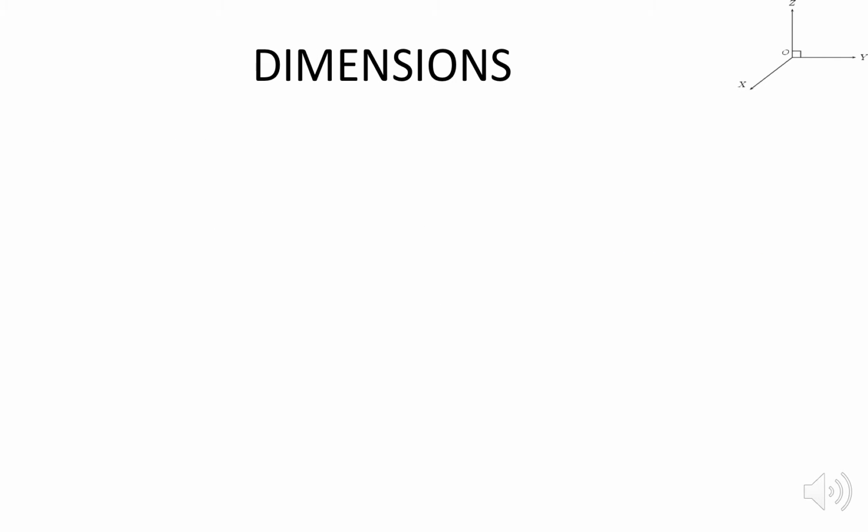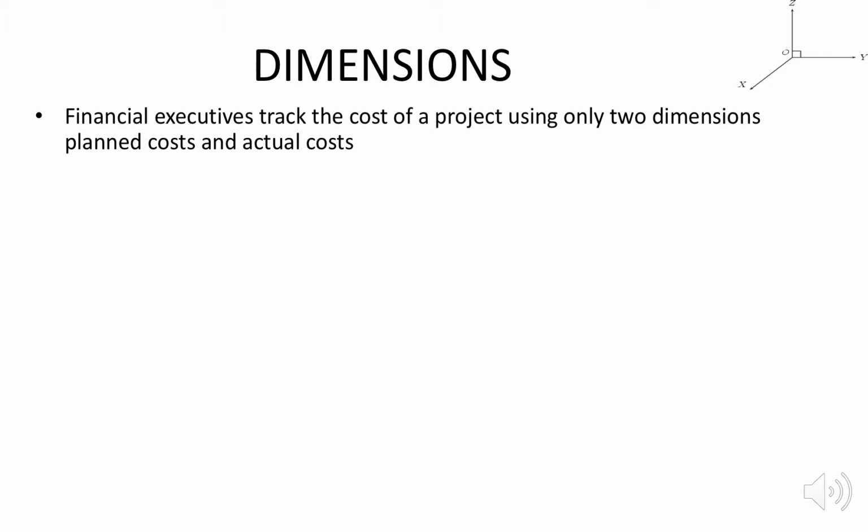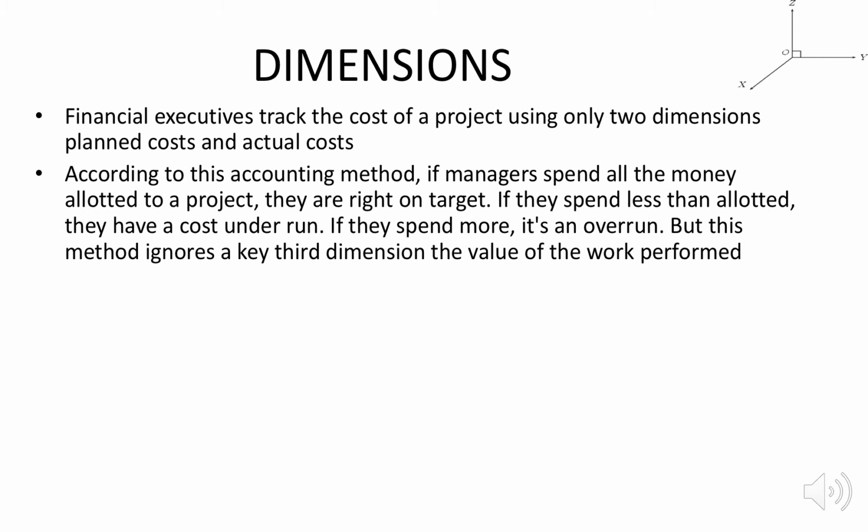So, what are the dimensions required for project price tag? Let's see. Financial executives track the cost of the project using only two dimensions, that is, planned cost and actual cost. So, how much they plan and how much it actually costs.